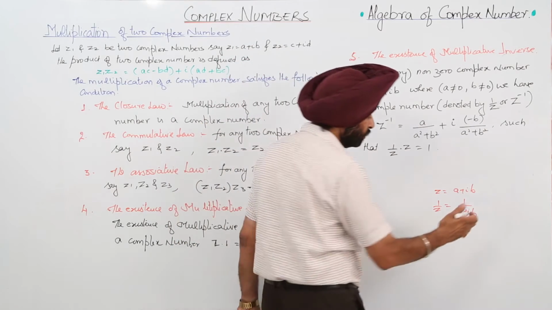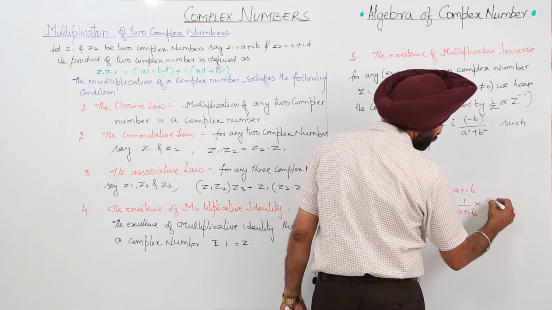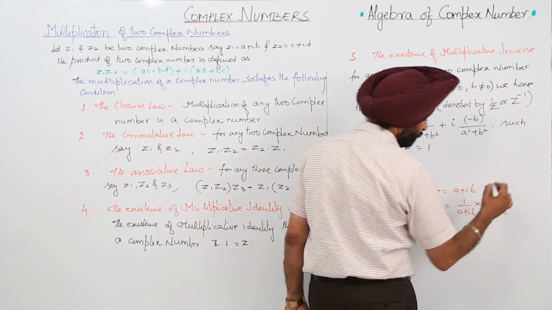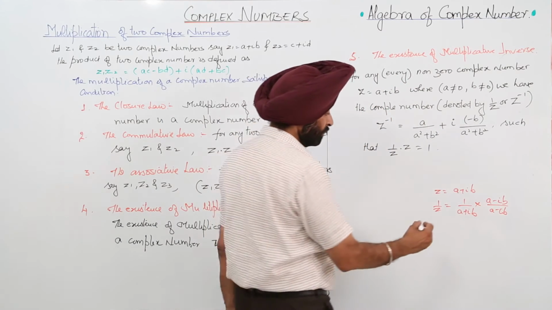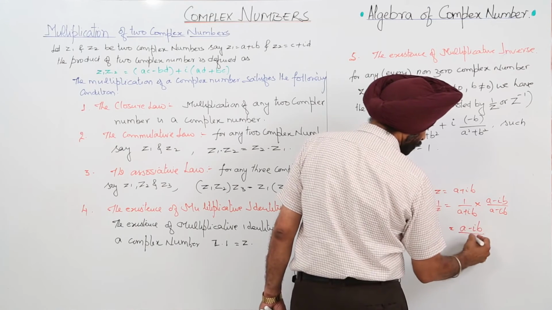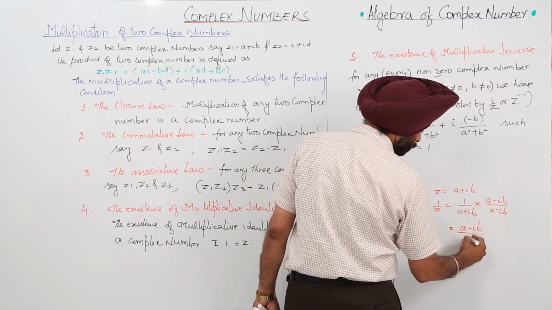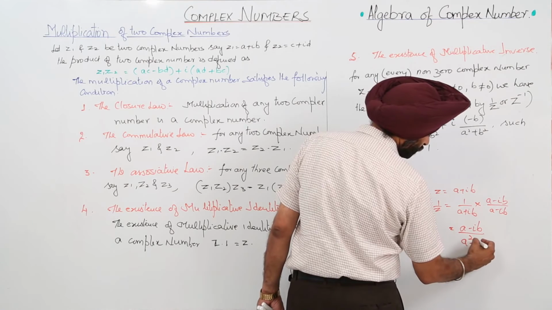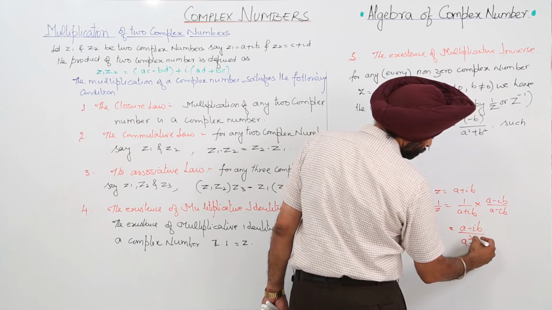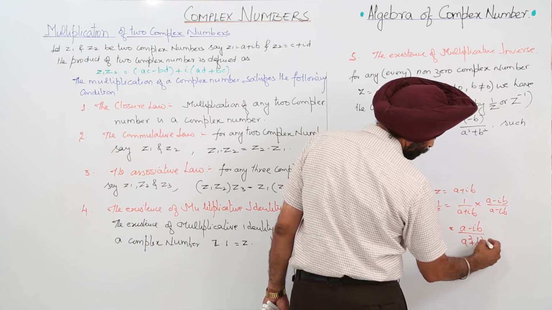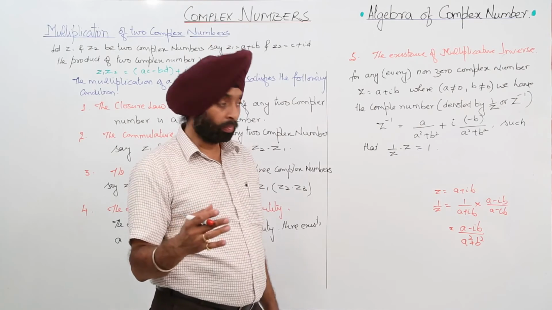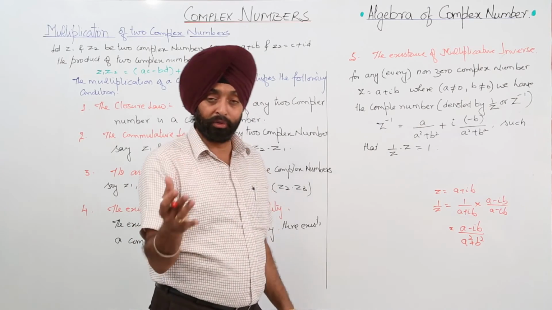So we are just going to rationalize it by multiplying with A minus iota B. Now we are having A minus iota B upon, when we multiply these two, A square minus iota square B square.